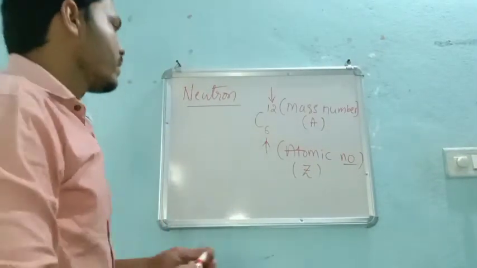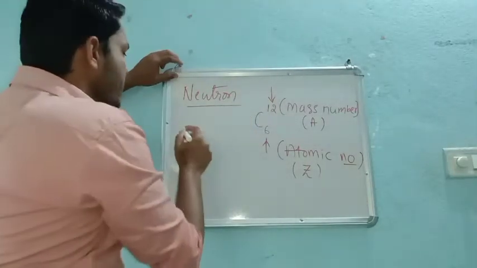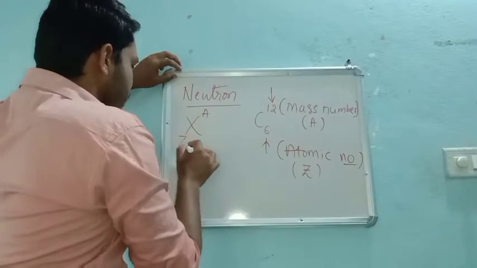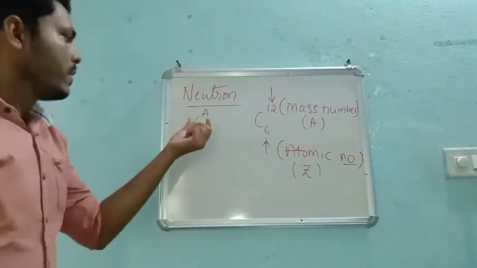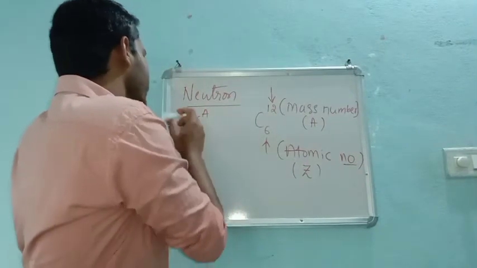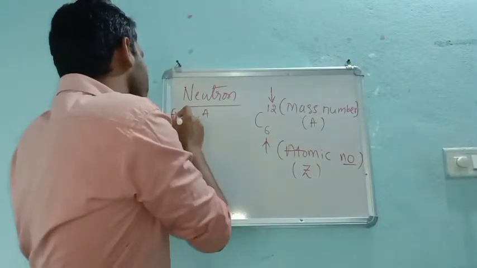So here, for example, we can write A Z, where A is the mass number. You can take this as a good example, right?